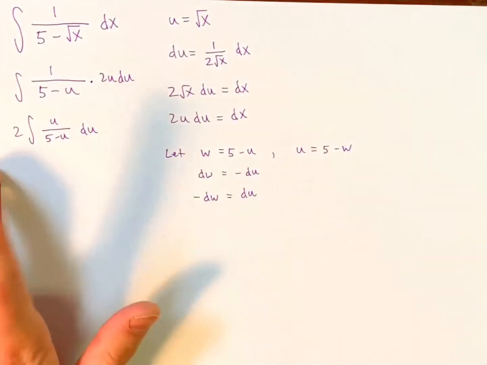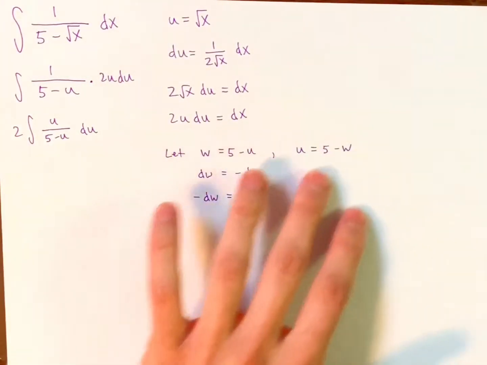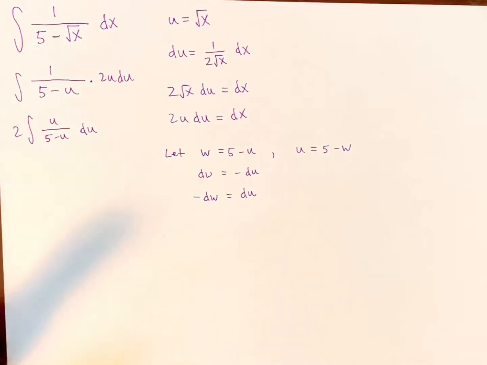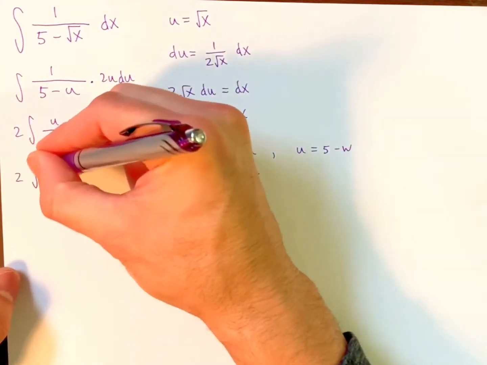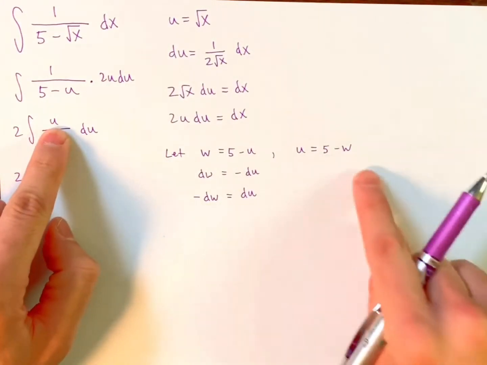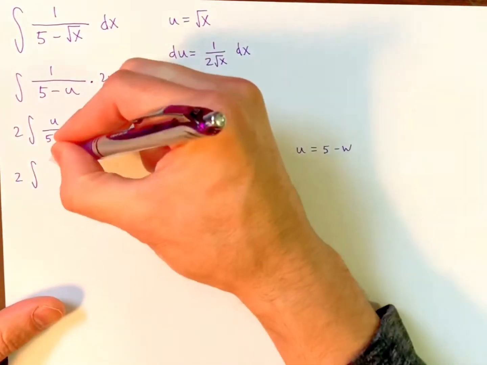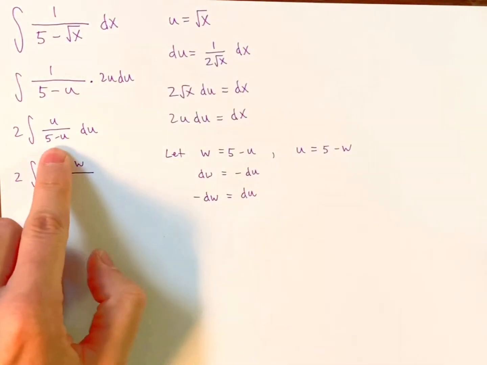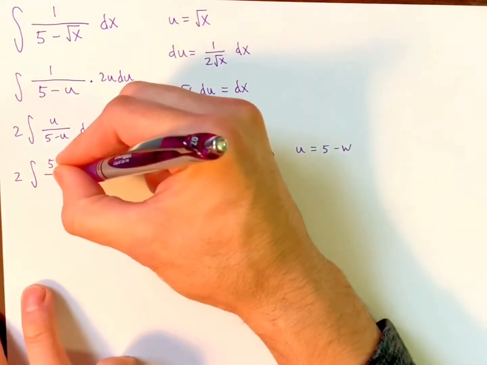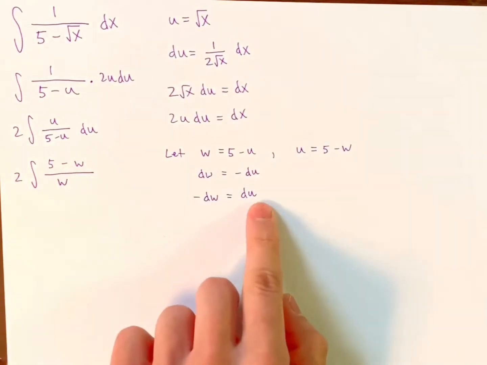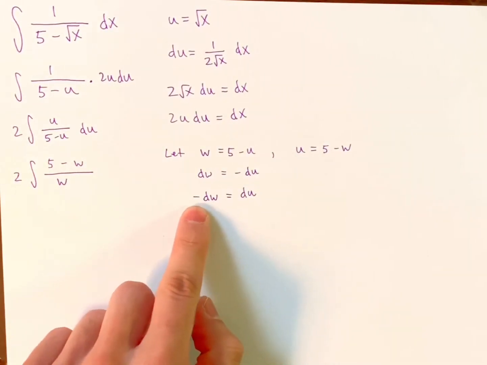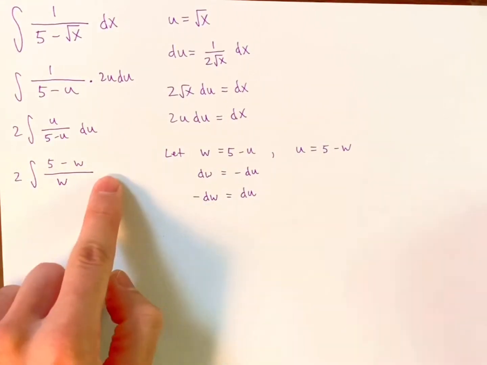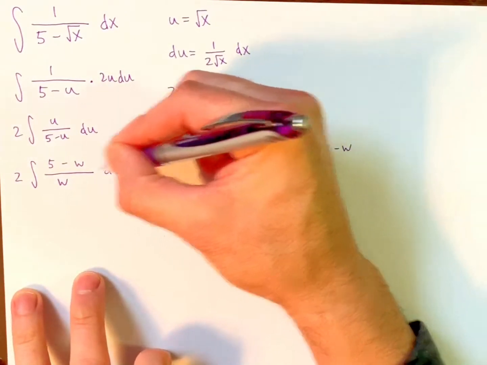So now let's go back over here and make these substitutions. So let's rewrite this in terms of w's. So we have 2 integral. Instead of u, I have 5 minus w over, what's 5 minus u? It's w. What's du? Negative dw. So I'll put the negative out here, and I'll put the dw in the back.